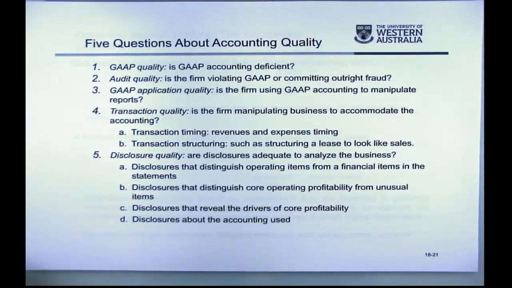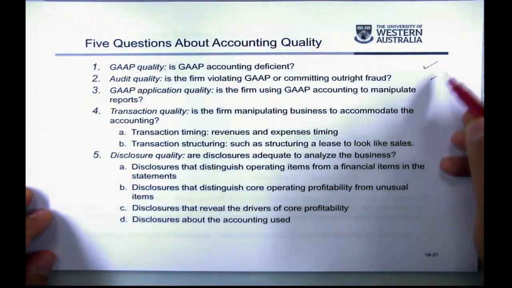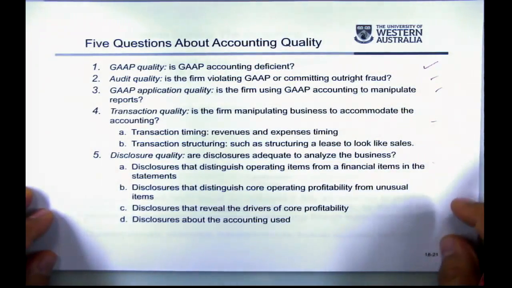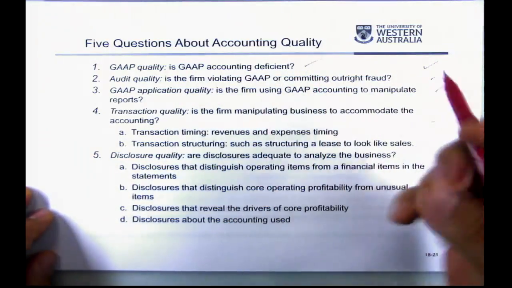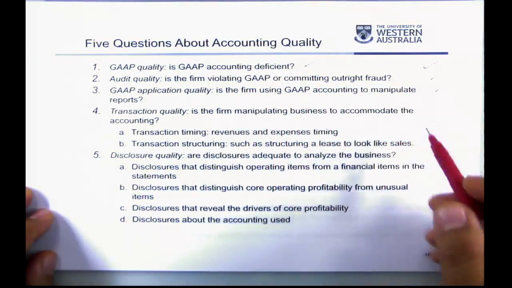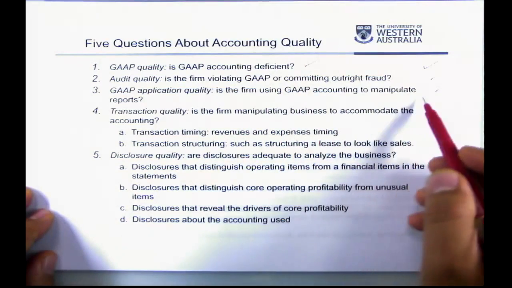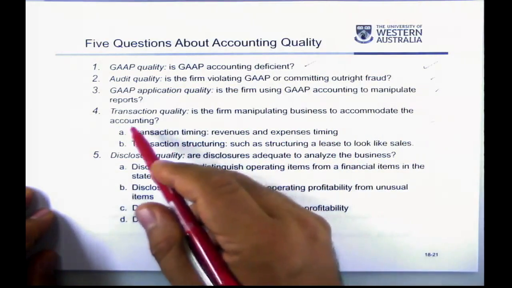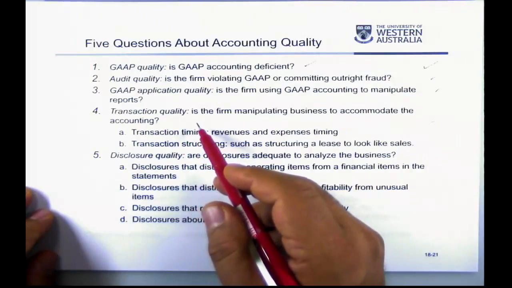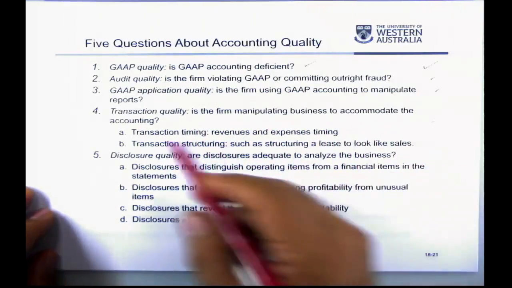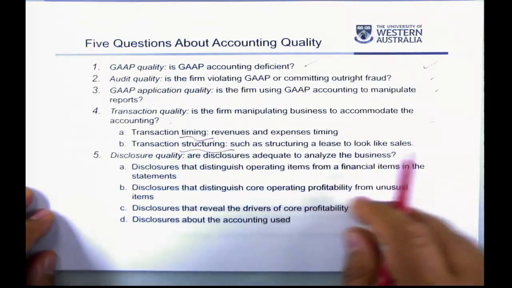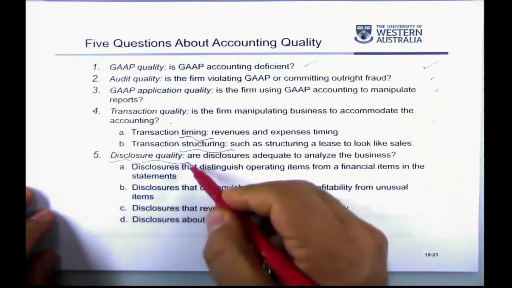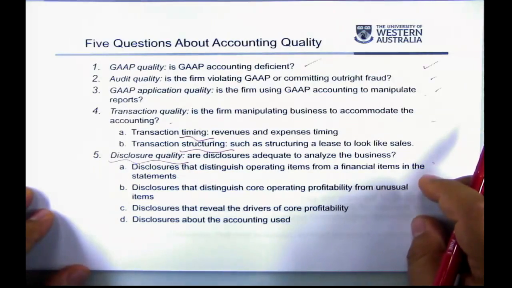When you evaluate the quality of the financial statements, ask the following questions and try to find an answer to these questions. Is GAAP accounting deficient? Is the firm violating the GAAP? Is the firm using GAAP accounting to manipulate reports? Evaluate the transaction quality, for example. Is the firm manipulating business to accommodate the accounting in terms of timing, in terms of the structure? And also evaluate the quality of disclosure.